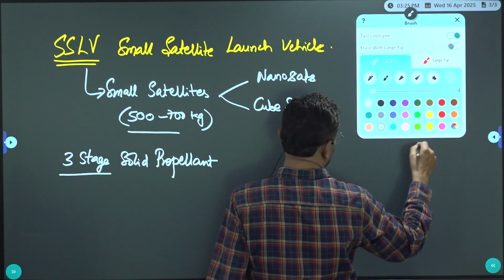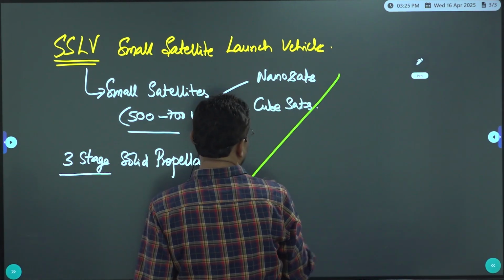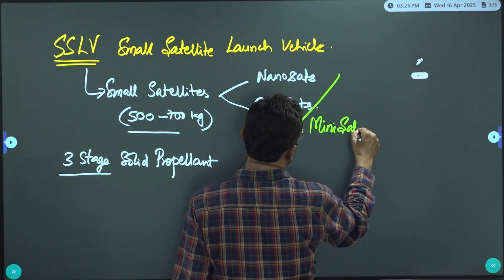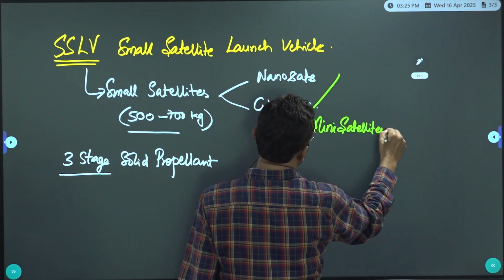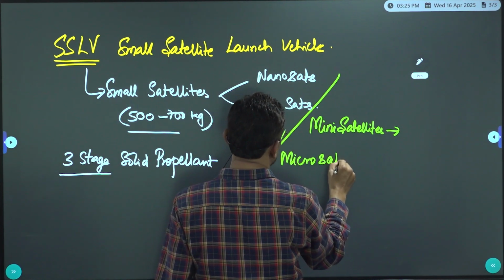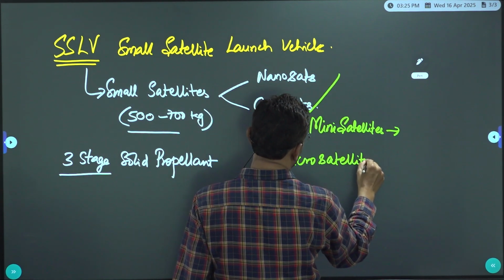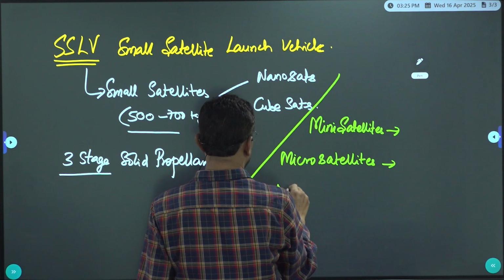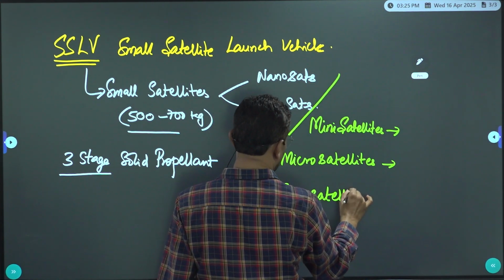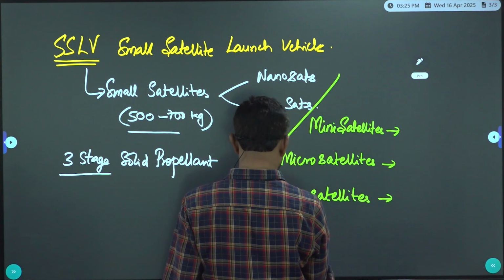Based on weight, satellites have been classified into mini satellites, micro satellites, nano satellites, and pico satellites.